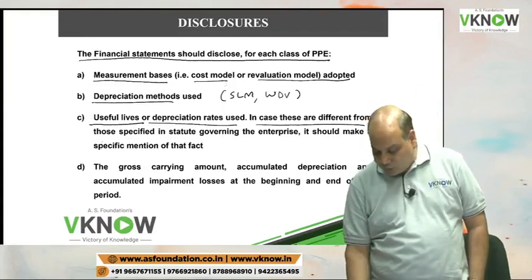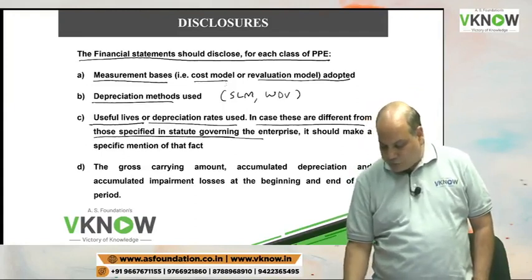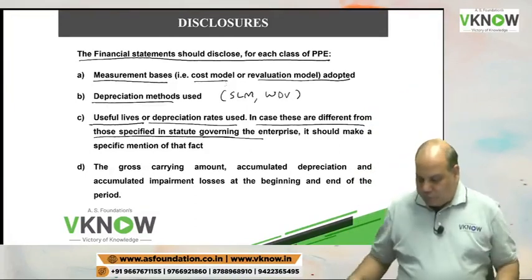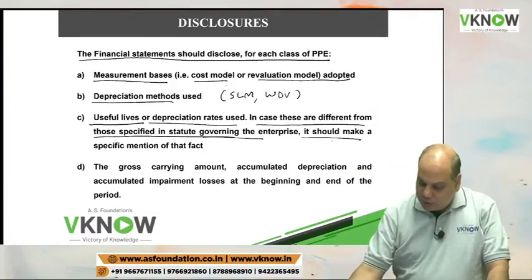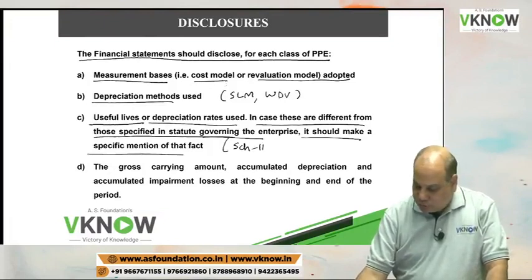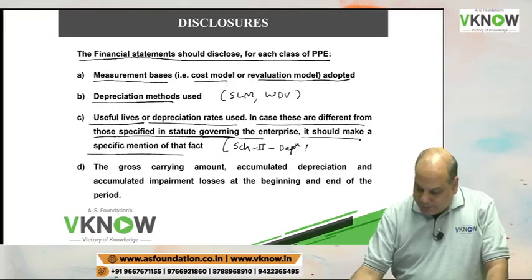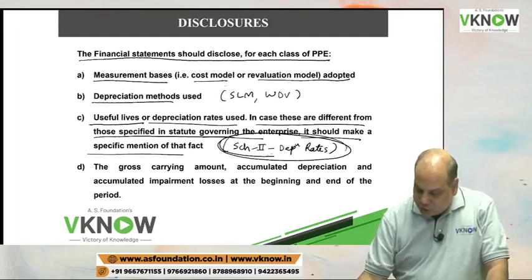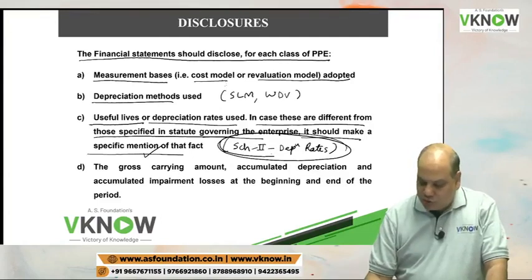In case they are different from those specified in the statute governing the enterprise, it should make a specific mention of that fact. Like you have Schedule 2, which gives you depreciation rates. If you are using a rate different from that given in Schedule 2, you have to disclose.